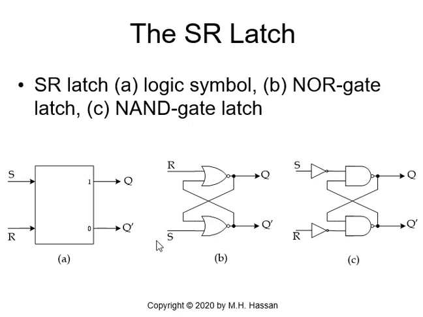So again, when we have S equal to 1, the input to the upper NAND gate is 0, and the input to the lower NAND gate is 1, which is the complement of R. So the lower NAND gate will have 1 NAND 1, and the output will be 0.